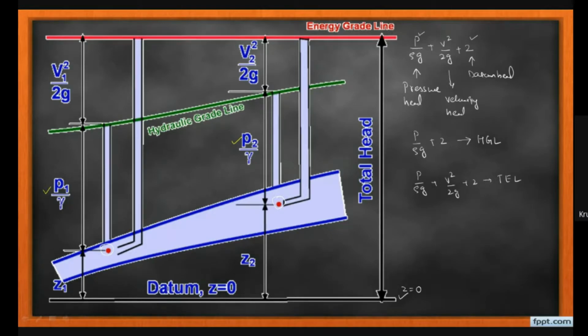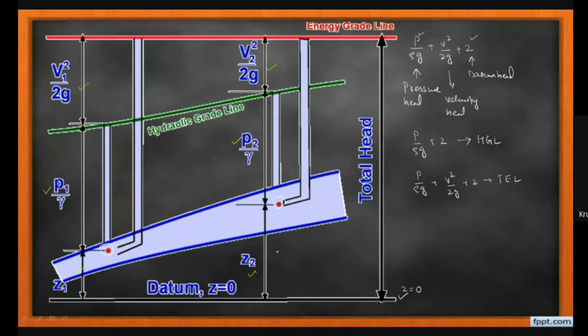The velocity head here is V2 square by 2g, and here it is V1 square by 2g. The datum head, that is the height of this point from the datum, is Z1, and the height of the other point from the reference line is Z2.